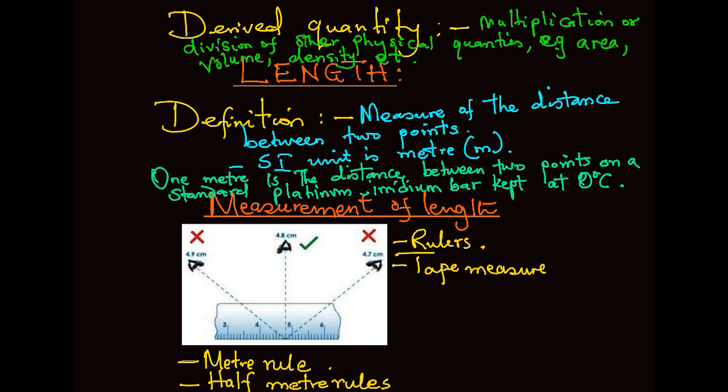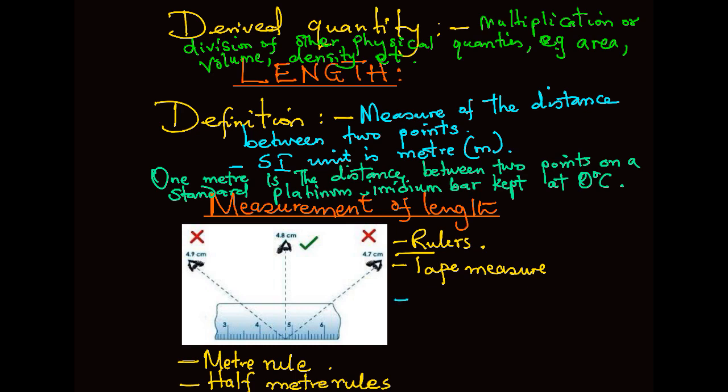We also have curved lengths that can be measured using other techniques. We also note that the choice of the instrument is determined by the level of accuracy desired for that particular length.